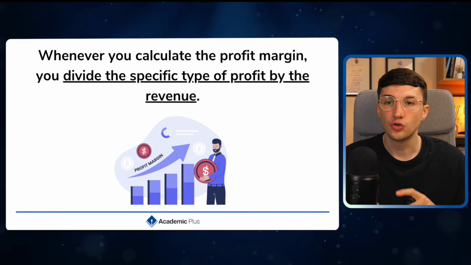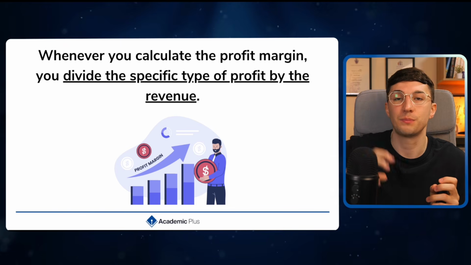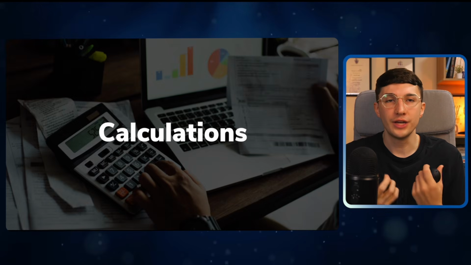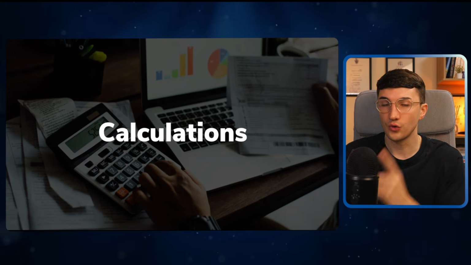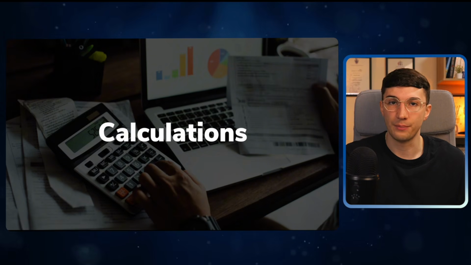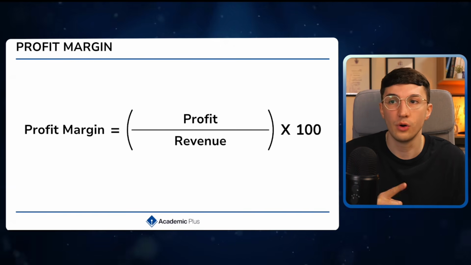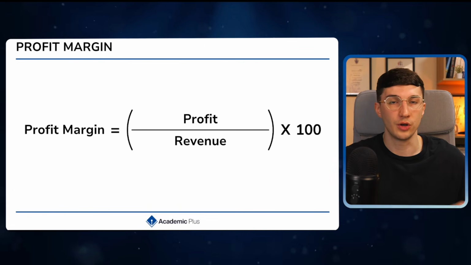Whenever we calculate a profit margin, we divide that specific profit by the revenue we've made. Looking at our income statement, remember the three types of profit: gross profit, operating profit, and net profit. To calculate the profit margin, we take the profit divided by the revenue and times by 100.